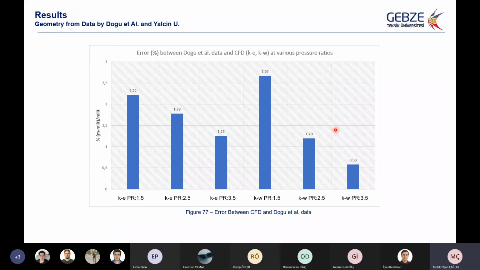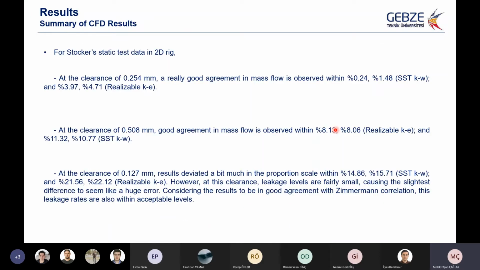And at the end of the day, I found that at a clearance of 0.2, I have a really good agreement in mass flow, and for all the other parameters changing, it doesn't matter.